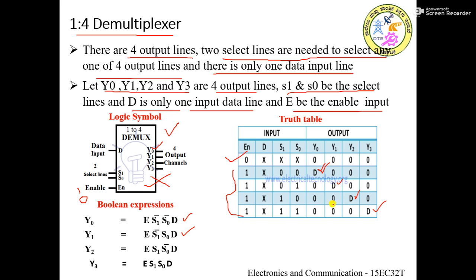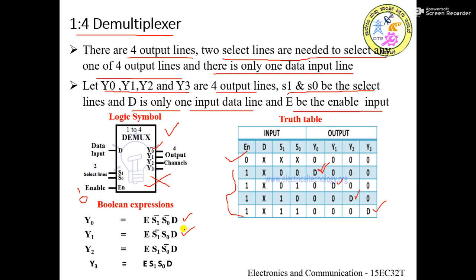Similarly for Y2, only for this combination it is D, for other combinations it is 0. So just multiply the literals here, that is E, S1, S0 bar into D. Similarly, the last one is E, S1, S0 and D.